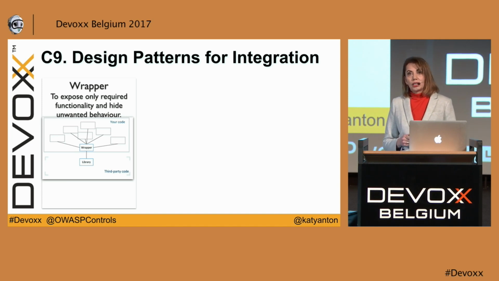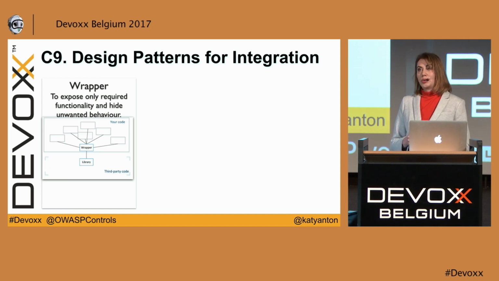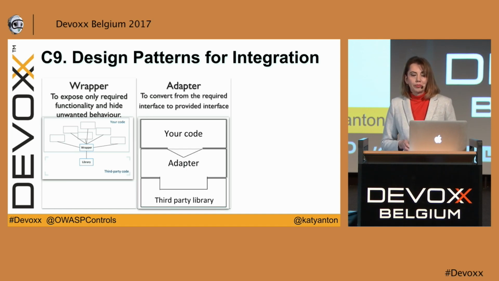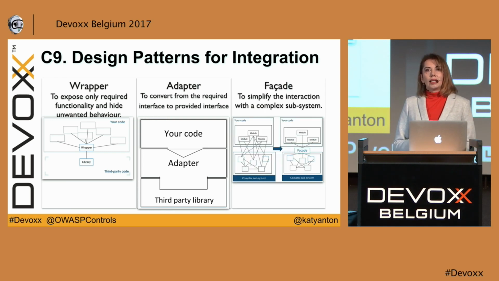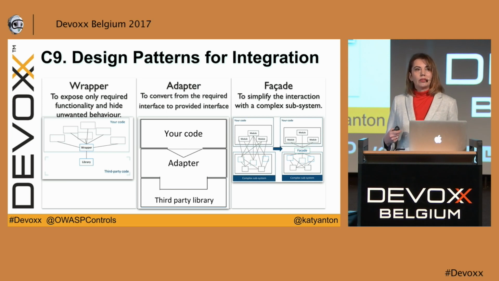In this way, you reduce your attack surface. If you need to convert from the required interface to the provided interface, you use the adapter. And if you have a complex subsystem, then you can use the facade design pattern that helps to simplify the interaction between your software and a complex subsystem.